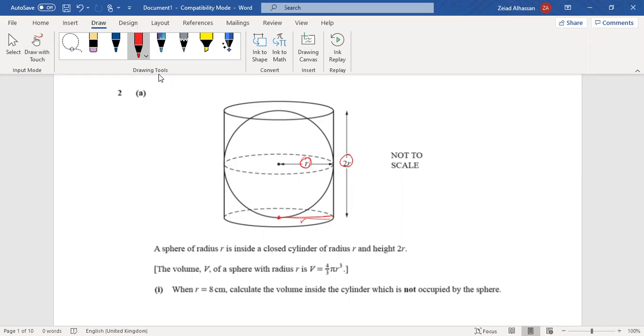Now they give the sphere volume as 4/3 pi r cubed, and we know the volume of the cylinder, as the cylinder is a prism, is area of base times height.